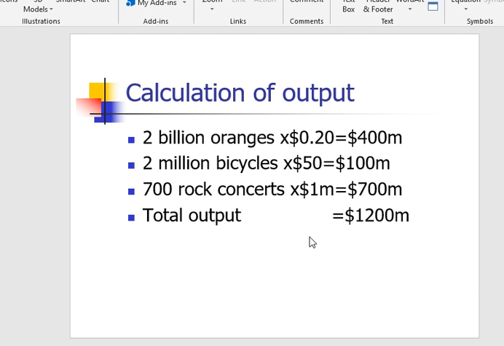And they go to concerts at night, so there are 700 rock concerts each year, and each concert is priced at $1 million. So that's $700 million. Together, that adds up to an output of $1,200 million, which is $1.2 billion for this hypothetical economy. So we're not measuring the output in units. That's the point.